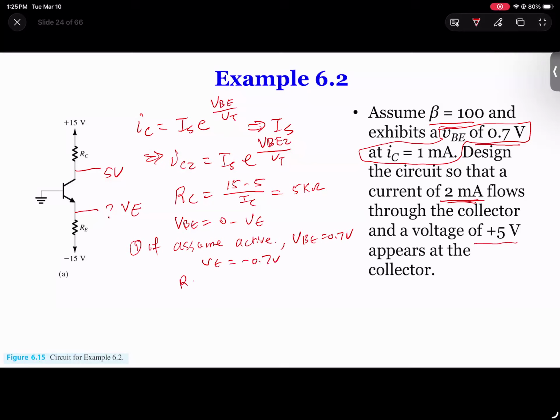Now we can calculate IE equal to VE minus 15 divided by 2 milliamps plus IB.